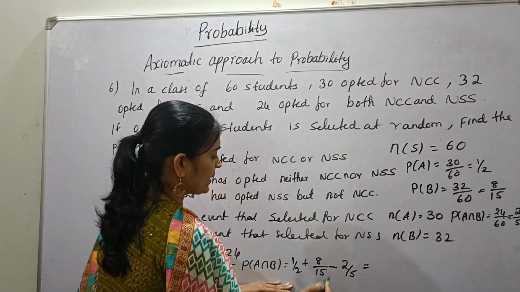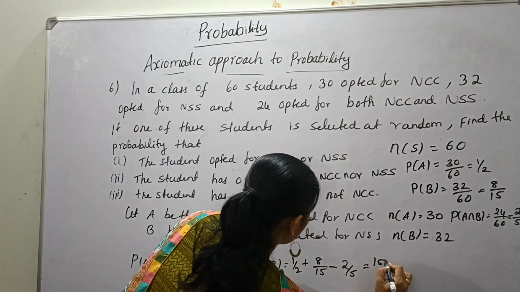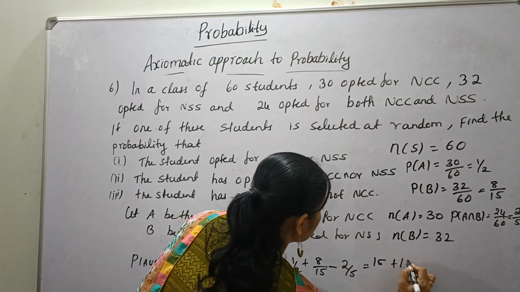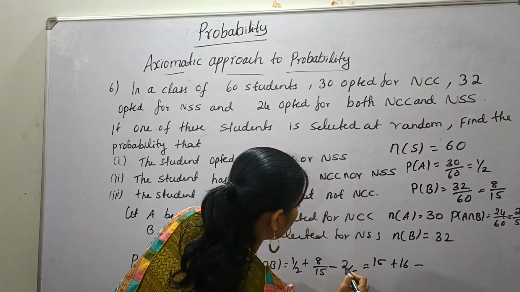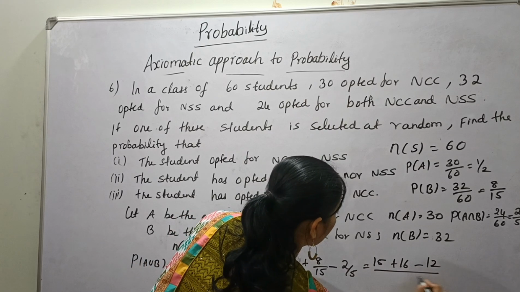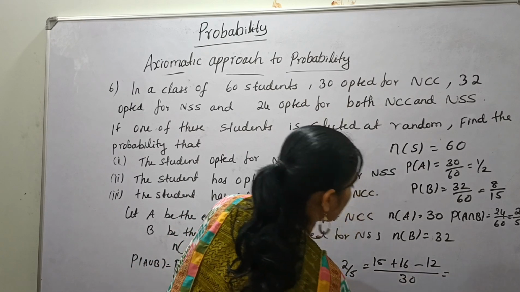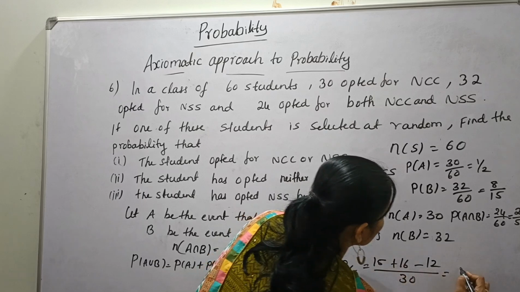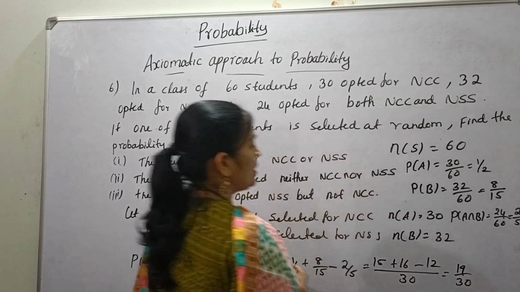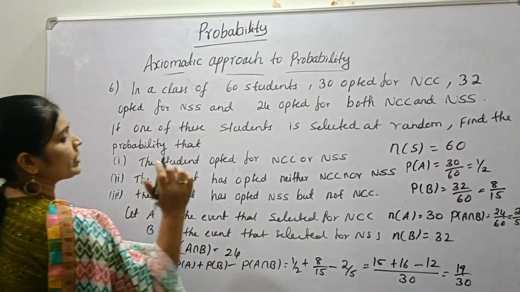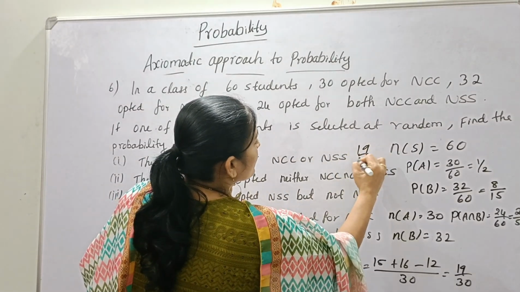The LCM is 30, so 15 plus 16 minus 12, divided by 30. That is 19 by 30. So the first answer is 19 by 30.